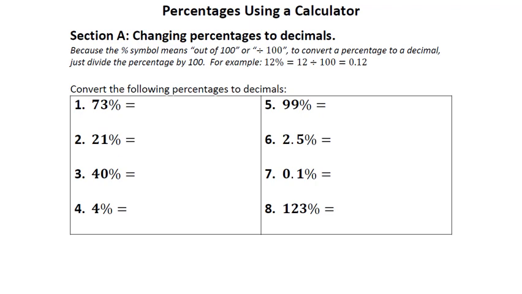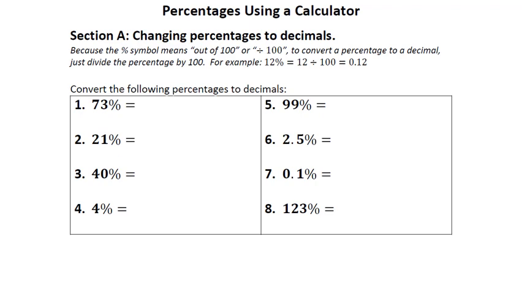So when you see 73%, what you're looking at is a number which is bigger than 0, but it's less than 1. It's between 0 and 1 because it's between 0% and 100%, 100 out of 100. And 73% is more easily written and thought of as 0.73 when it comes to calculators.